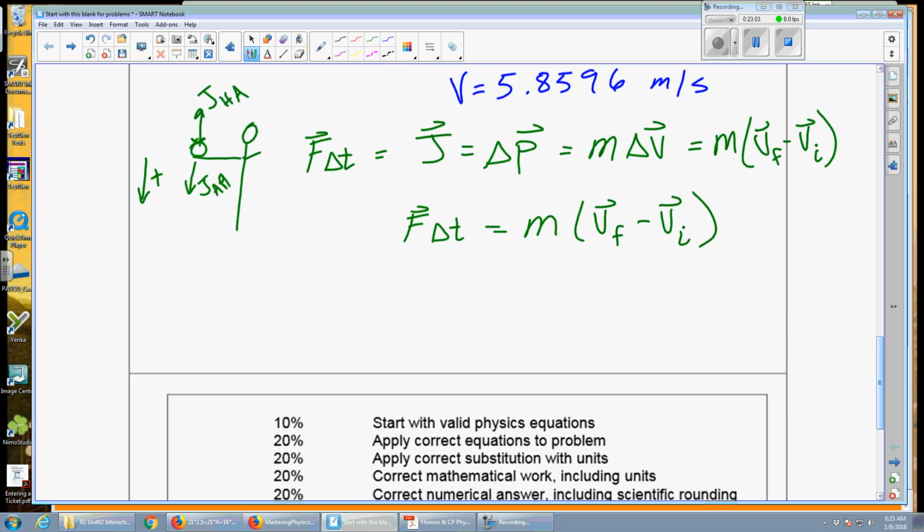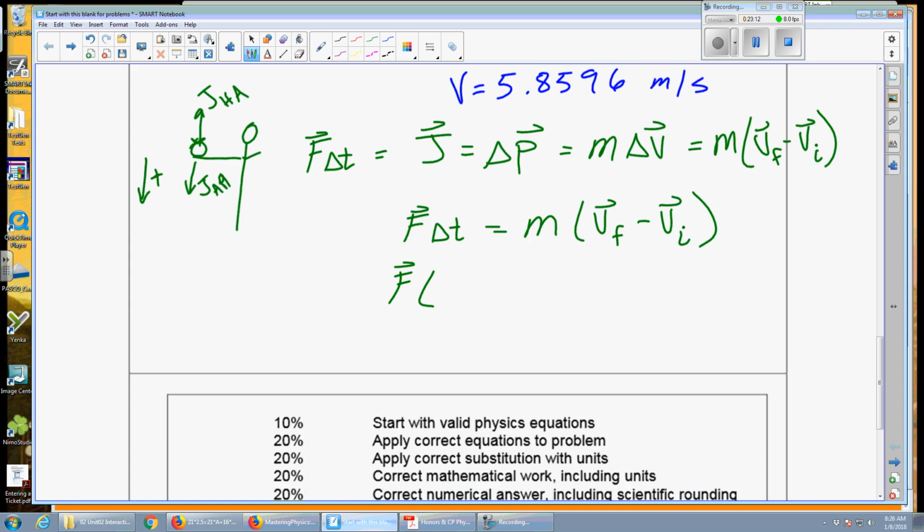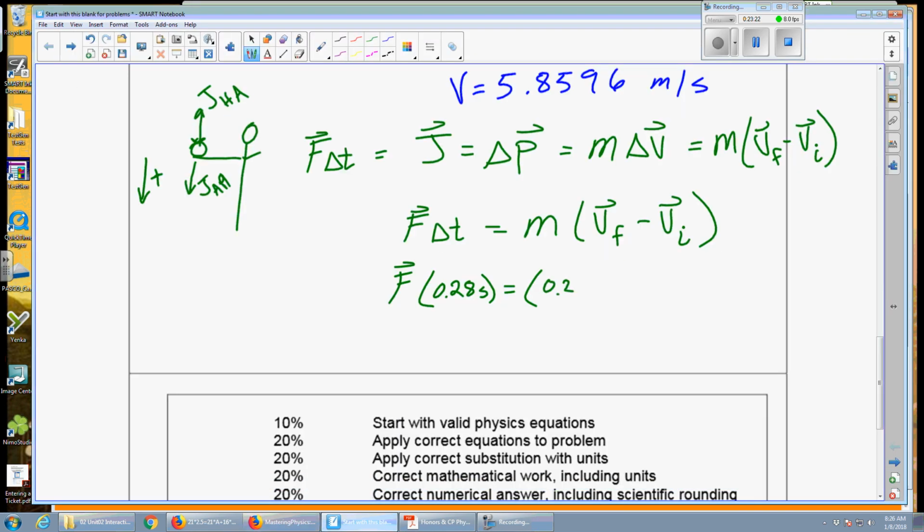And I'm looking for my force. So I actually don't know that. I know my time, 0.28 seconds. I know my inertia, 0.22 kilograms. I know my V final is 0.